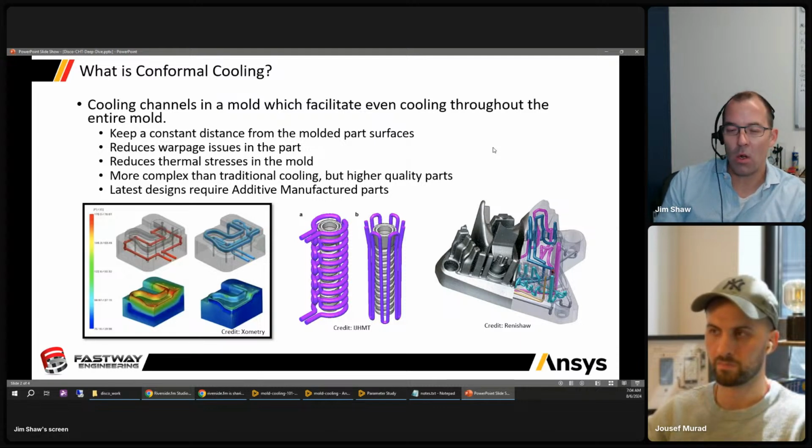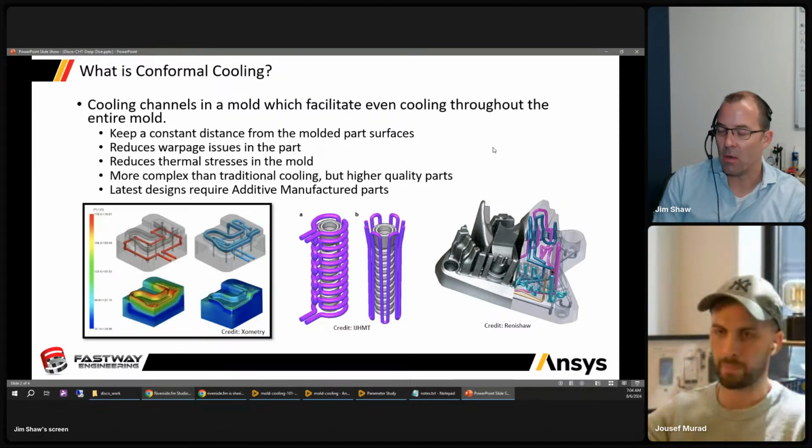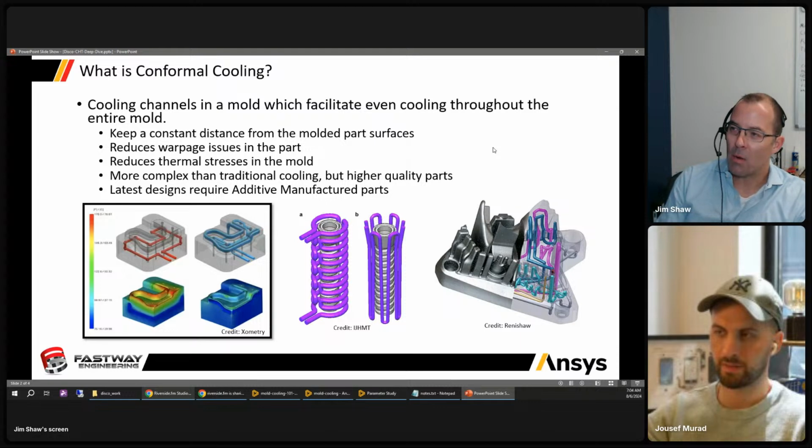We don't want one side of the part to be really hot and one side of the part to be really cold, because as it cools, one part's going to cool more than the other, and all of a sudden we've got warpage. And that's as a result of the coefficient of thermal expansion of the particular part. So we're talking about reducing warpage.